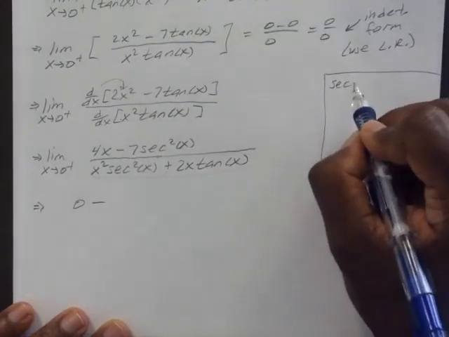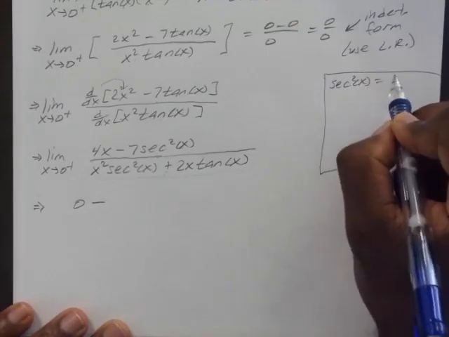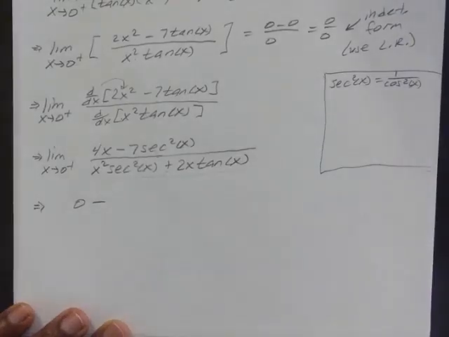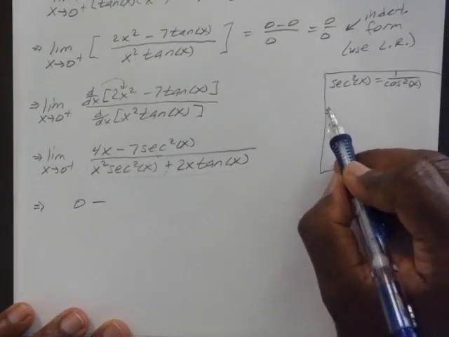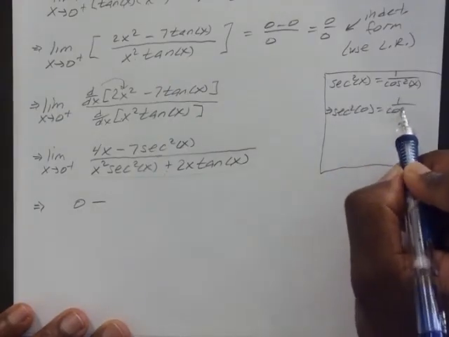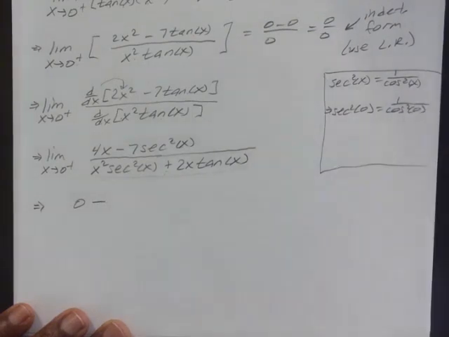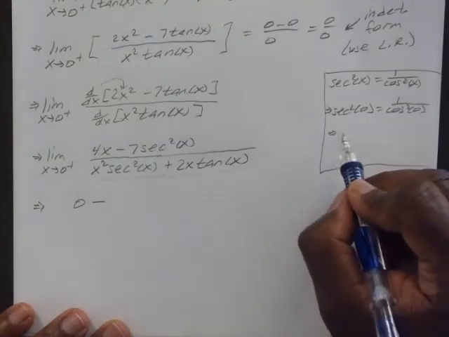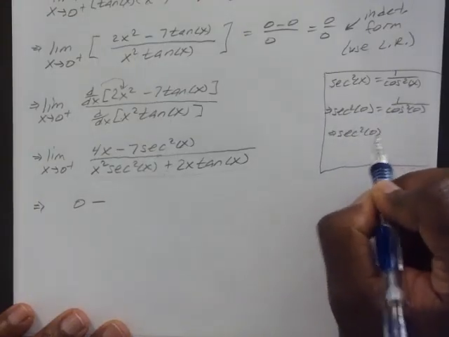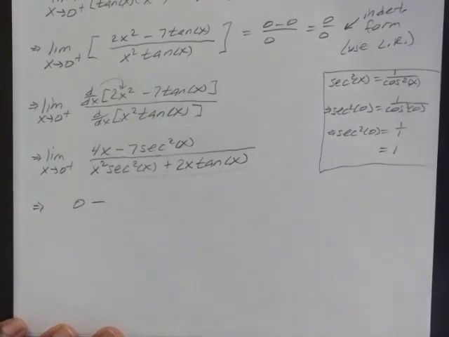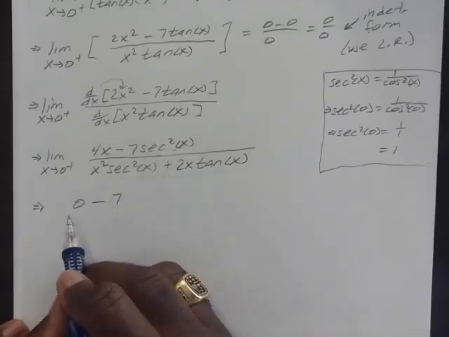Secant squared of x is just 1 over cosine squared, so secant squared of 0 is just 1 over cosine squared of 0. Well, cosine of 0 is 1, so 1 squared is just 1. So secant squared of 0 is just 1 over 1, or just 1. So you have 7 times 1, which is 7.